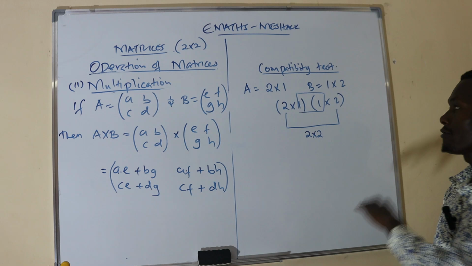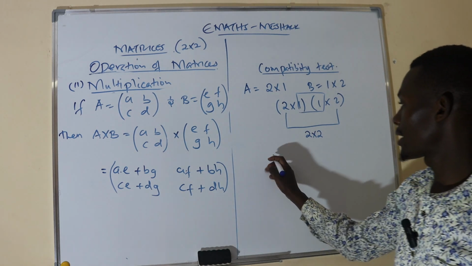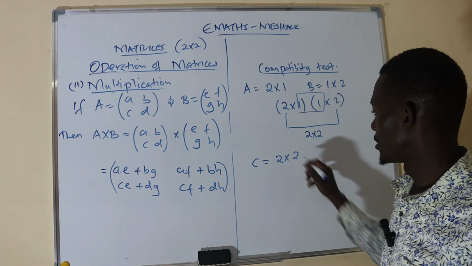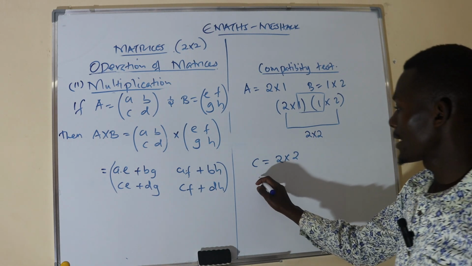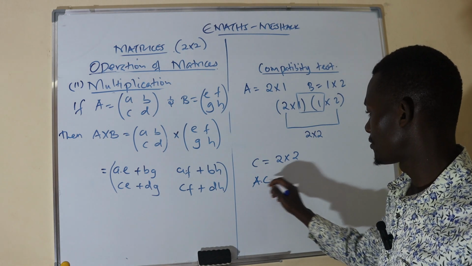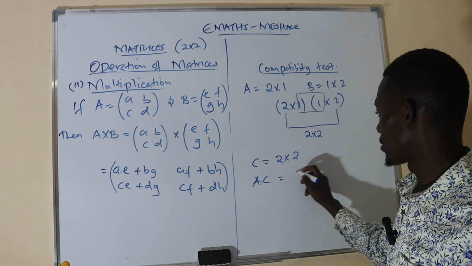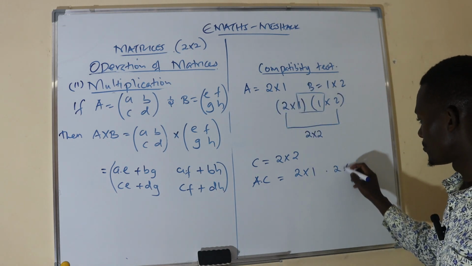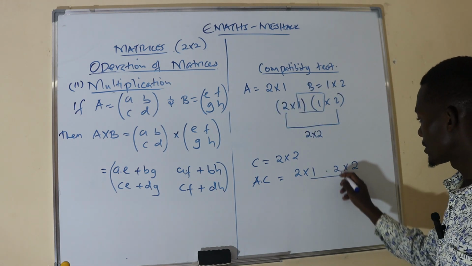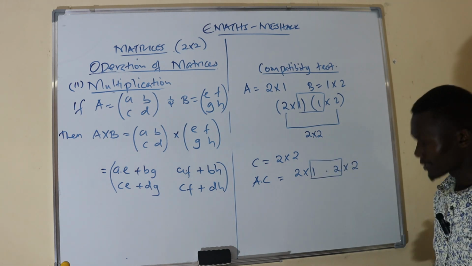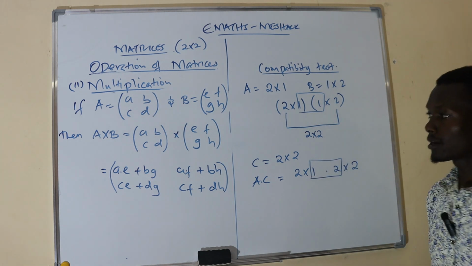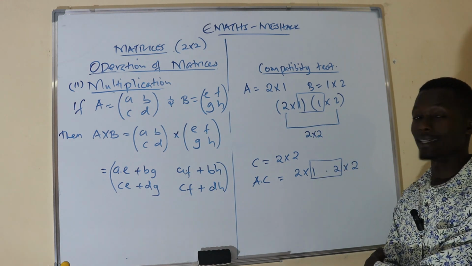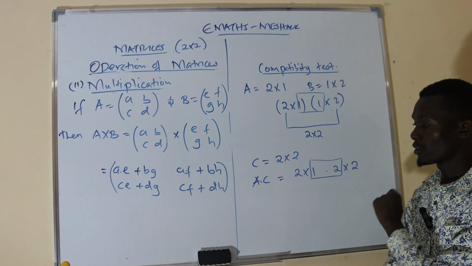So we can see if they were not the same. If I had another matrix C that is a 2 by 2, and I'm to multiply AC, A is a 2 by 1 and C is a 2 by 2. You can already see that the middle terms are not the same, because one is 1 and this one is 2. So we can say the two are not compatible.